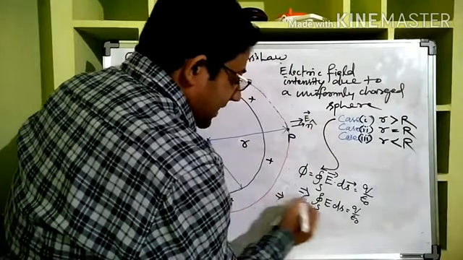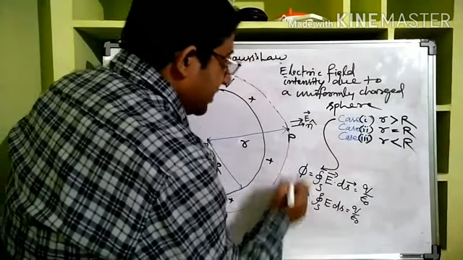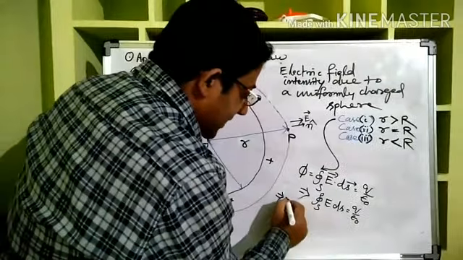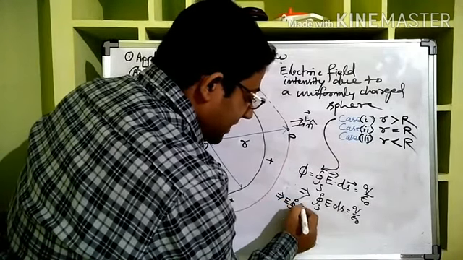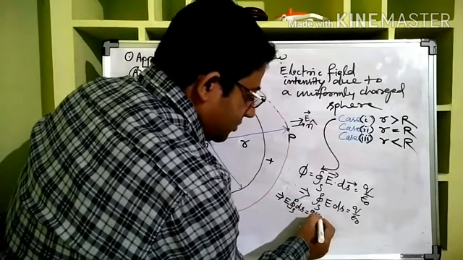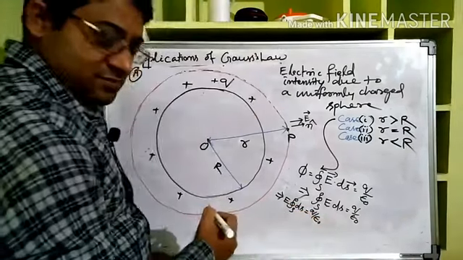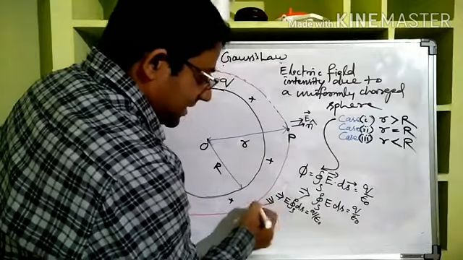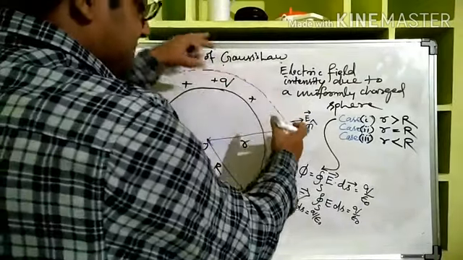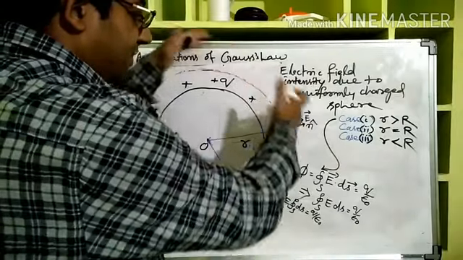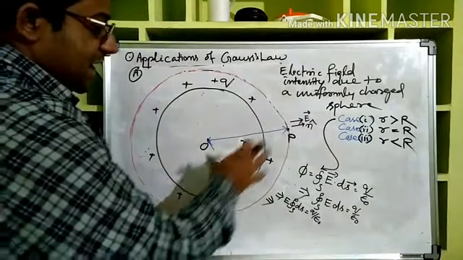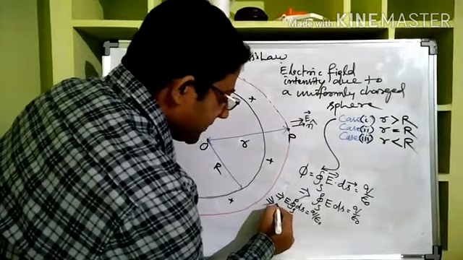This implies that E is a constant, take it common, which we are going to calculate finally. E times the closed surface integral of ds is equal to q by epsilon naught. What is the integral of ds? It is the total surface area of the Gaussian surface, and isn't that 4 pi r square?